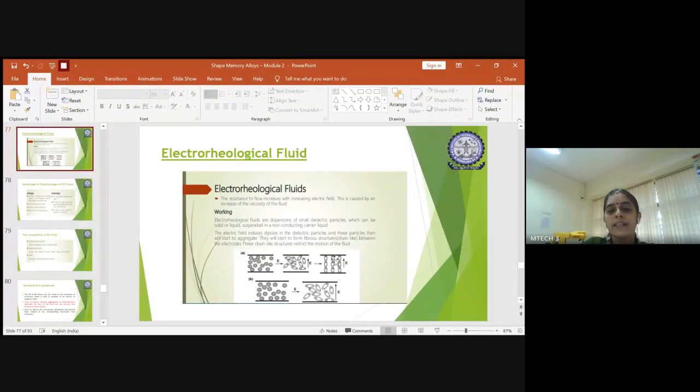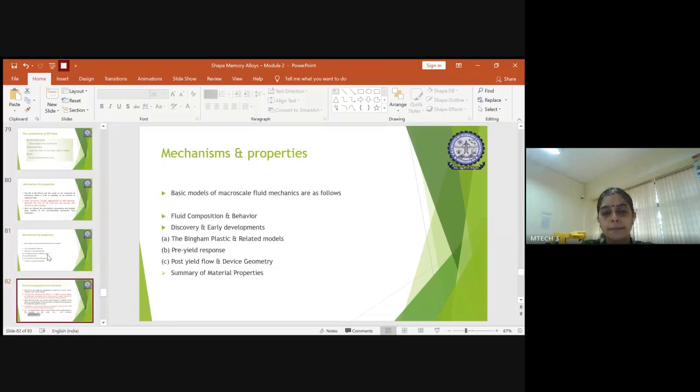If the given device is very small and you have more particles, then more structures will be there and the gap will be reduced. So it mainly depends upon the wider space for the fluid media and lesser particles. If you have lesser particles, you will have structures with large gaps. If you have more particles in the fluid media, then you'll have large structures with a small amount of gap. So this is how you have to understand.